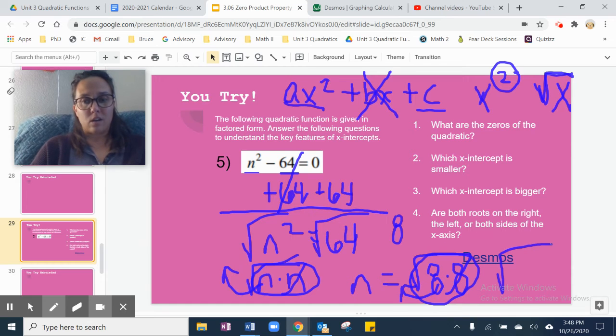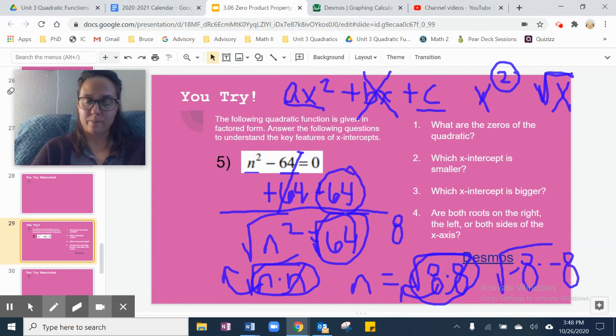But we could also be looking at 2 negative 8s, because a negative times a negative is still a positive 64, right? So for this example, we have 2 answers, just like we always do, but you have to consider what creates positive 64.